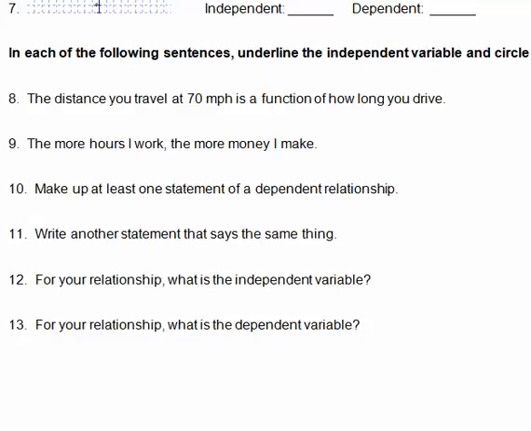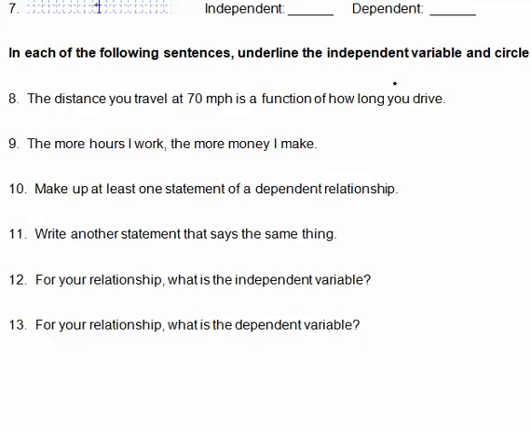All right, so it says here, in each of the following sentences, underline the independent variable and circle the dependent variable. Now, the distance you travel at 70 miles an hour is a function of how long you drive. So the biggest trick with these is, which one comes first? Do you drive, or do you end up the distance first?